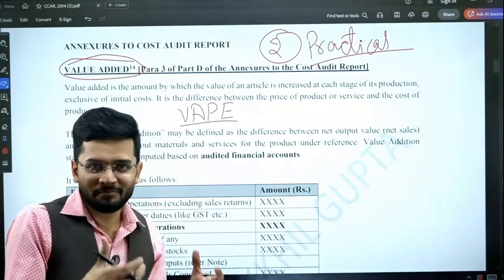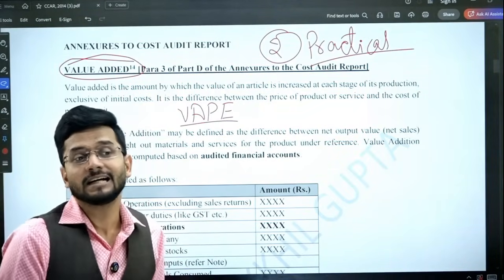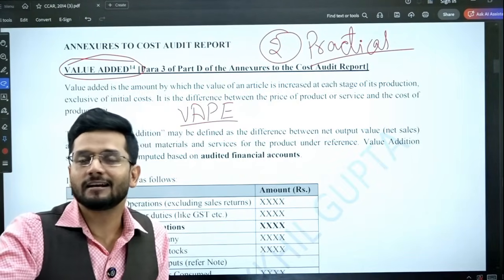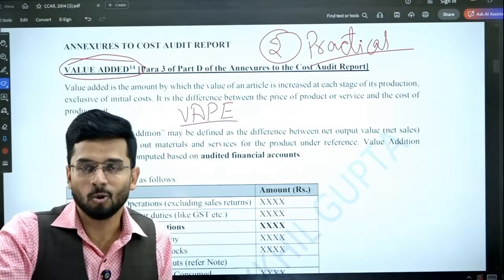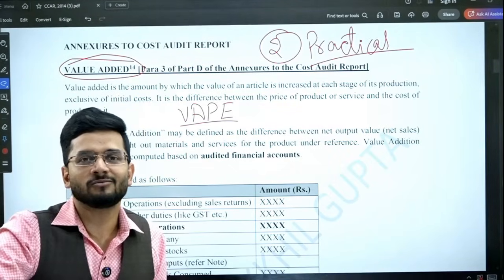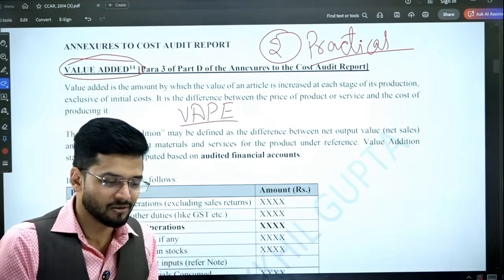So there's always a fight between employers and employees with respect to value addition, because ultimately employees want bonus and increments in salary, and the owners will try to reduce their bonus and salaries, and will not want to give away the entire earning of the company to them as salaries or bonus.